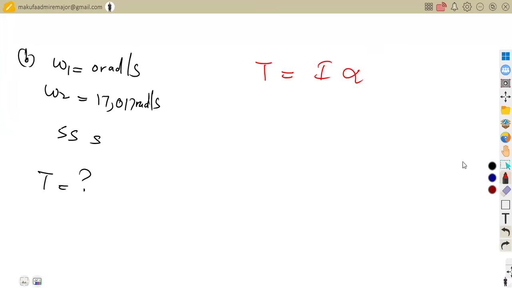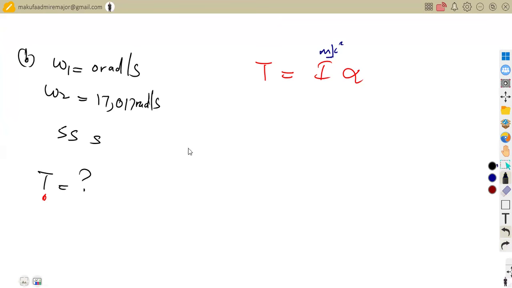Remember, I want this torque. We have the mass, everything. We calculated I actually. Remember I said I is mk squared. So we have this. But we do not have the angular acceleration when it is from this to this. We have to calculate this.